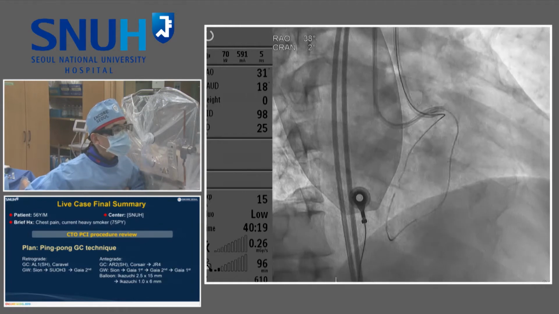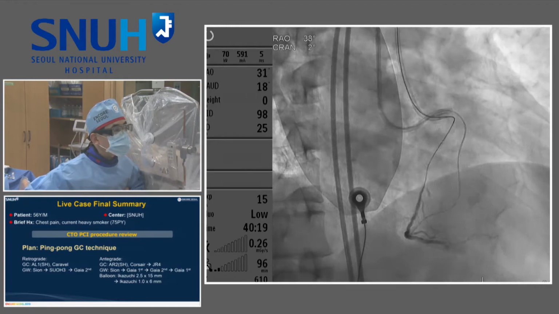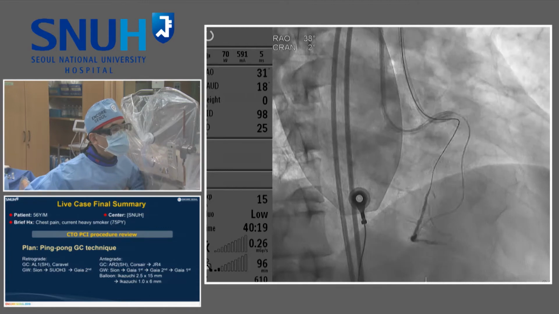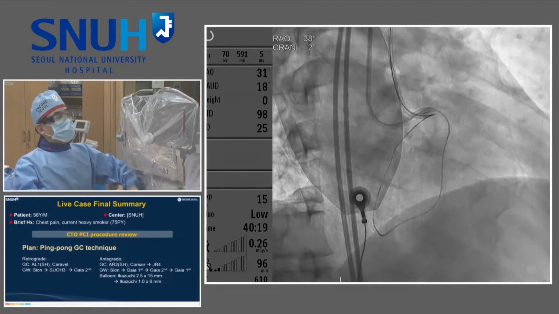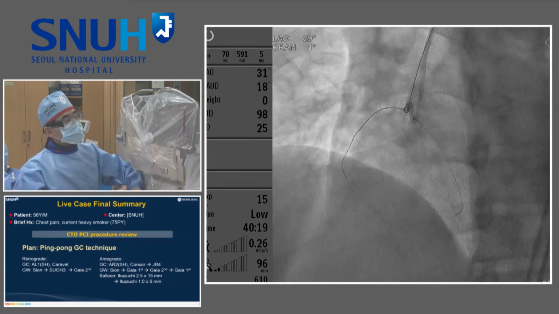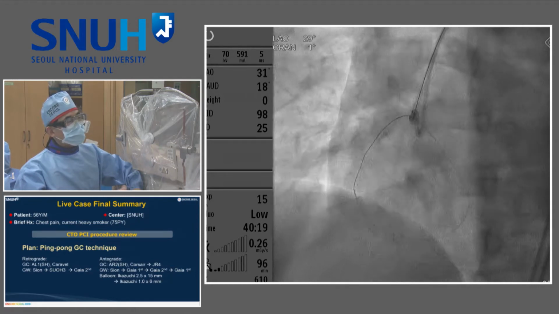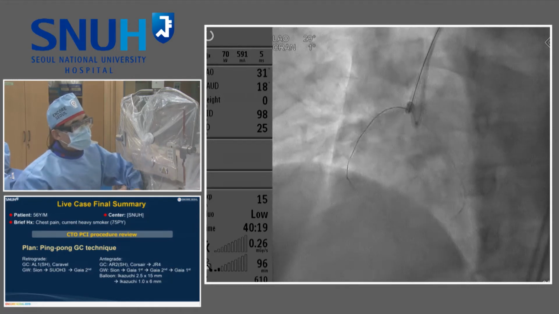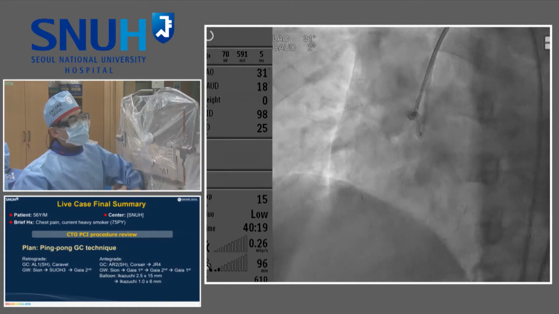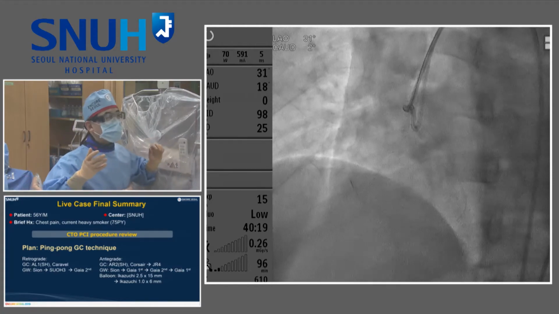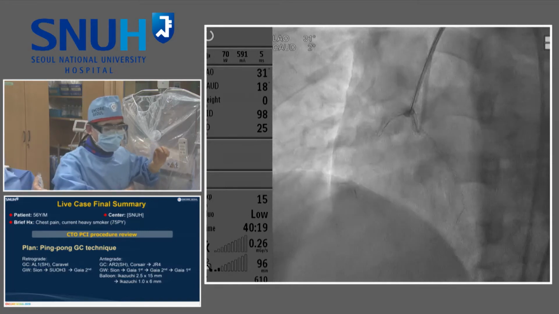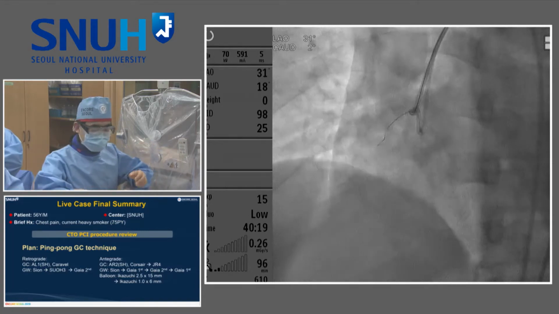So I confirmed the ante-wire is in the distal true lumen like this, but ante-guiding is very poor. Thus, it disengaged. So I start again ante-wiring.